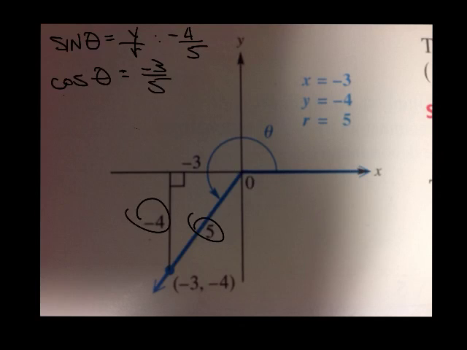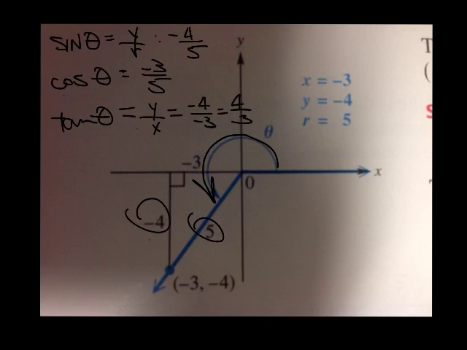It's going to be x over r. And if I want to find the tangent of theta, I would do my opposite over adjacent, or my y over x, which is going to be -4 over -3, which is going to be 4 over 3, because 2 negatives make a positive.